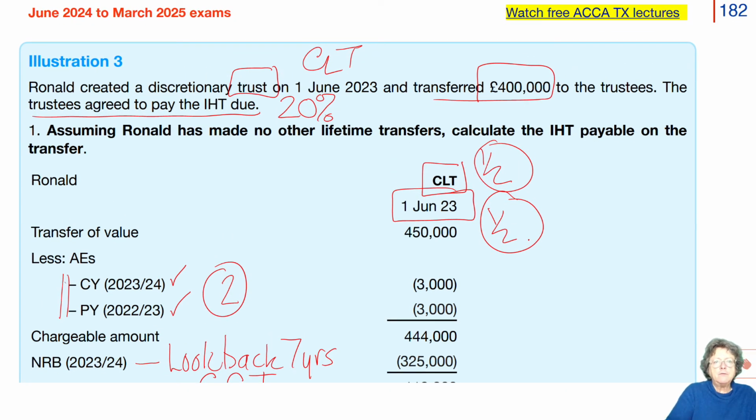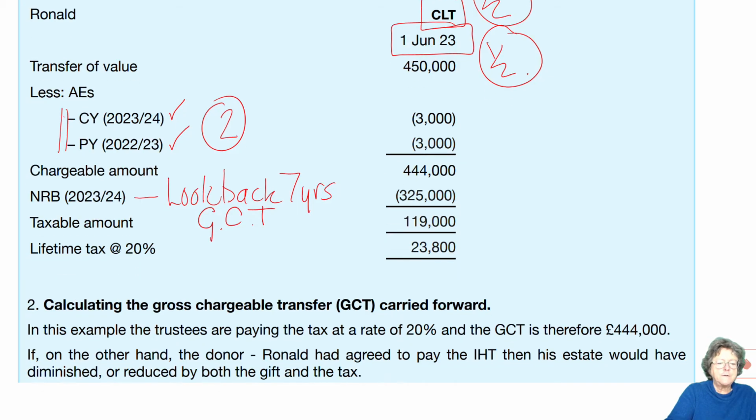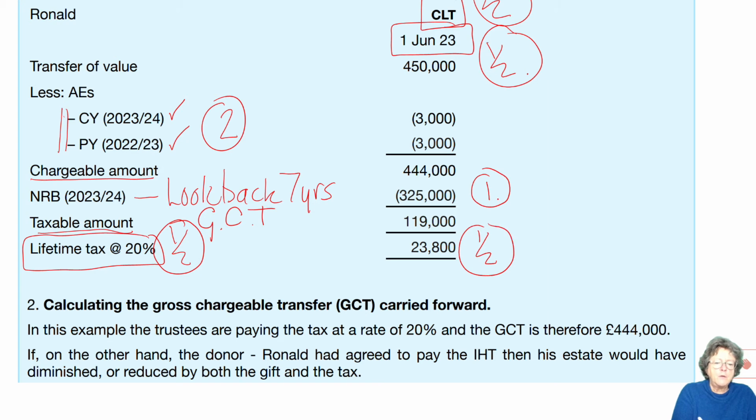If there's nothing there, you assume that this is the very first gift. So the 325,000 is deducted from the chargeable amount, leaving us with a taxable amount. And don't forget these labels, very, very important. Lifetime tax at, you're going to get half a mark for saying it's that. You're going to get 1 mark for putting that in correctly and half a mark for dealing with that. So that's 2, 3, 4, 5 marks.